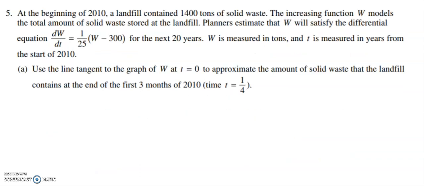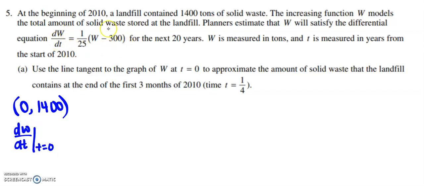Use the line tangent to the graph of W at t equals 0. Well, before I can use the line tangent to the graph to approximate things, I should probably find the line tangent to the graph at t equals 0. So I need a point, 0, comma, and I had 1,400 as my initial condition, and I need a slope, so I need dW/dt when t is 0.